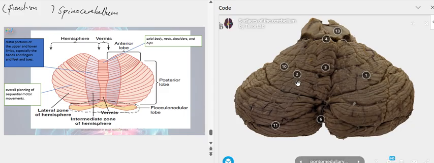The spinocerebellum actually consists majorly of the vermis and the adjacent area of the cerebellar hemisphere. So the lateral of the intermediate area. So this can be regarded as the intermediate zone.